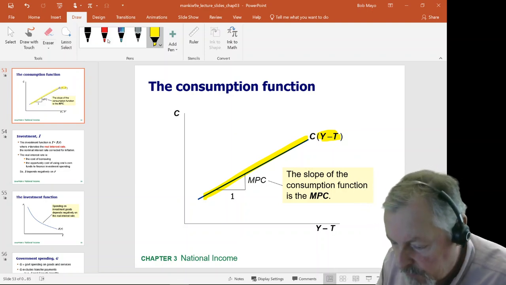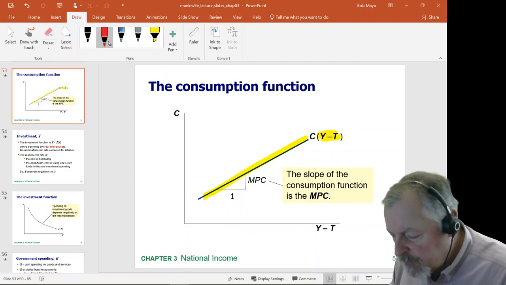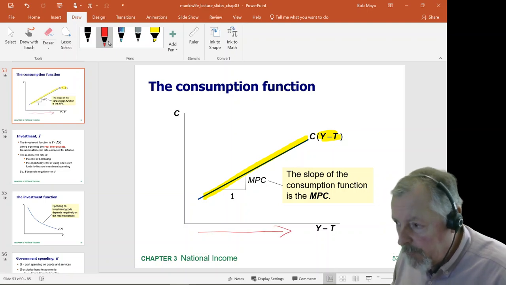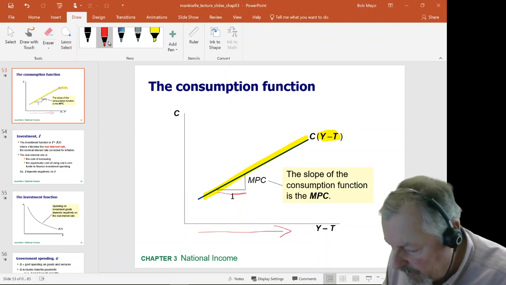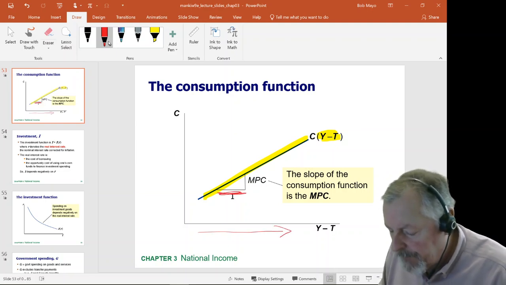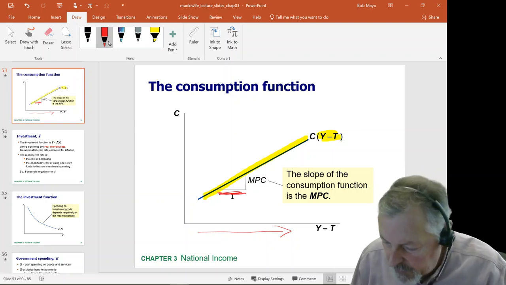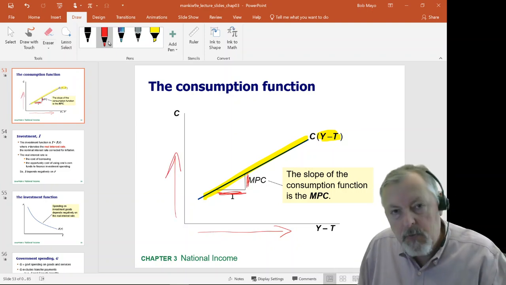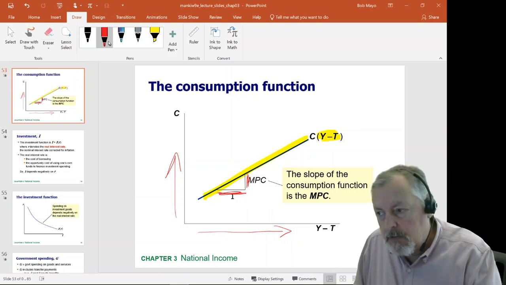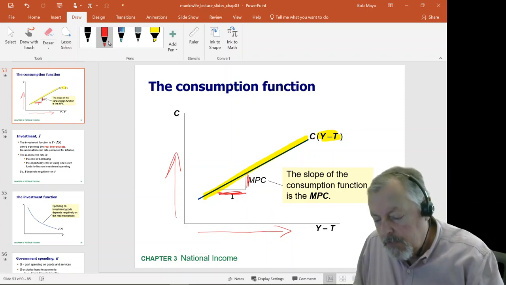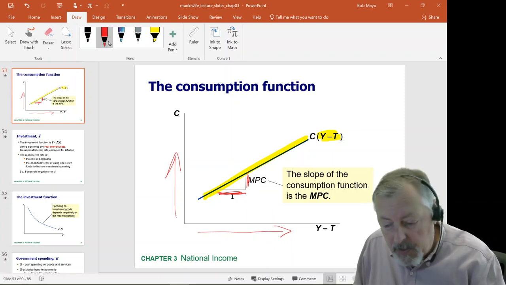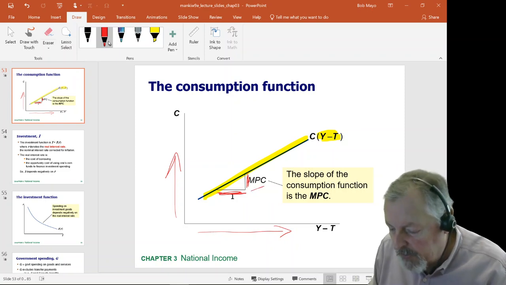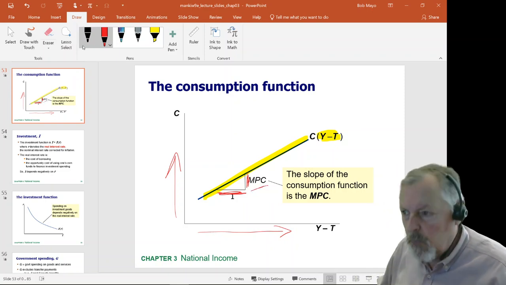So as disposable income goes up, let's say by that much, consumption will increase, but only by that much, which is a little bit less than disposable income went up, because the marginal propensity to consume is a little less than 1.